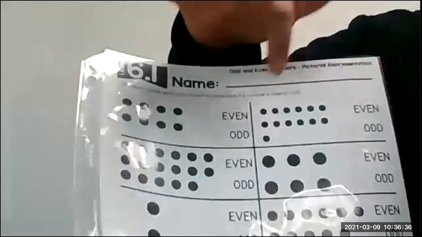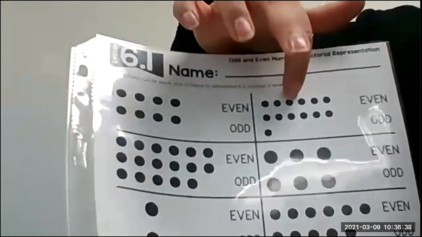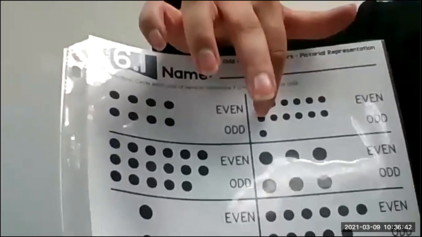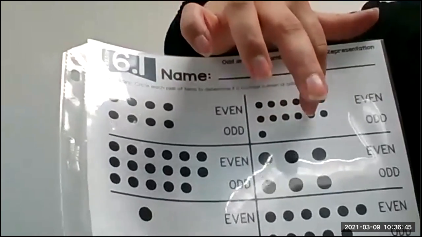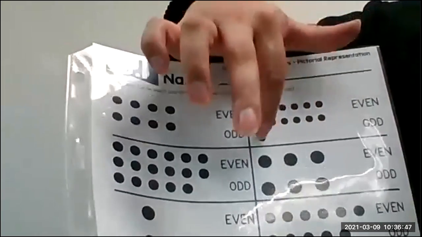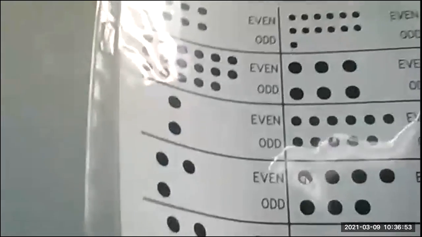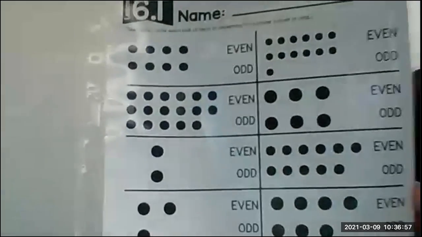I'm going to count how many circles. So we have 1, 2, 3, 4, 5, 6, 7, 8, 9, 10, 11, 12, 13. So what I'm going to do is circle my groups of 2 to see if I have any left.